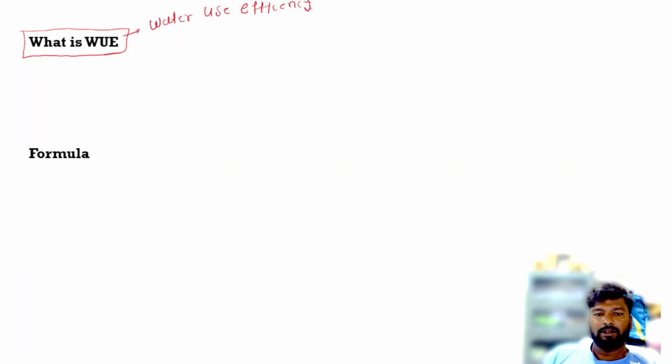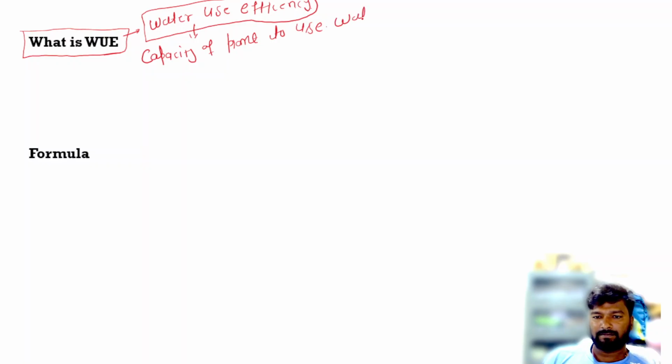Okay, so as the name shows, in simple terms we can say this is the capacity of plants to use water.